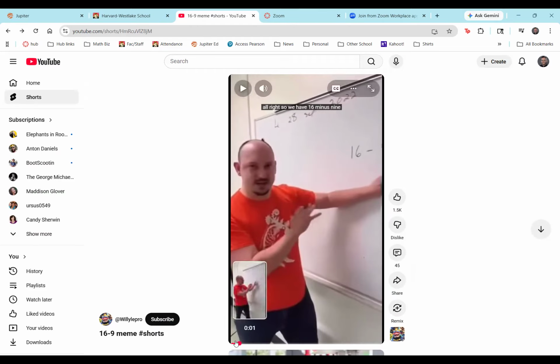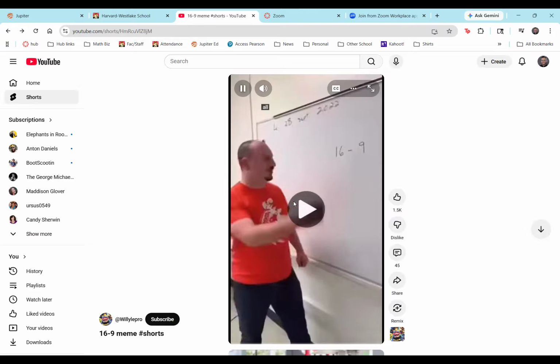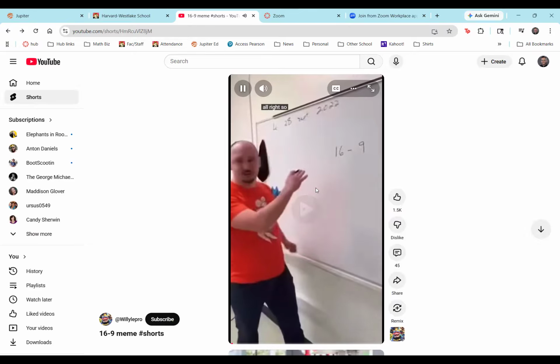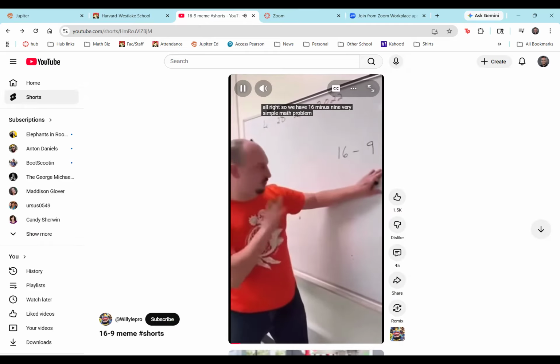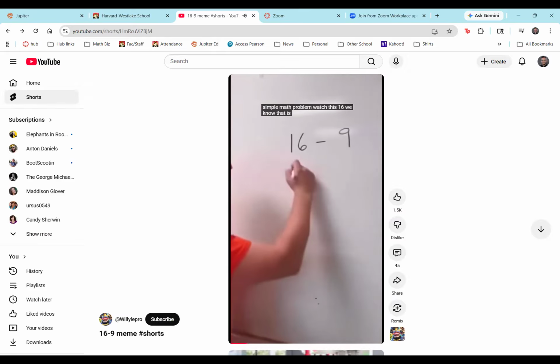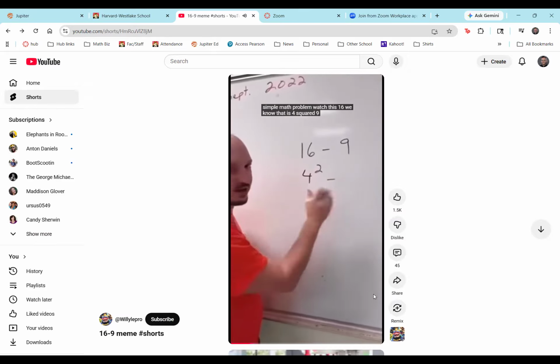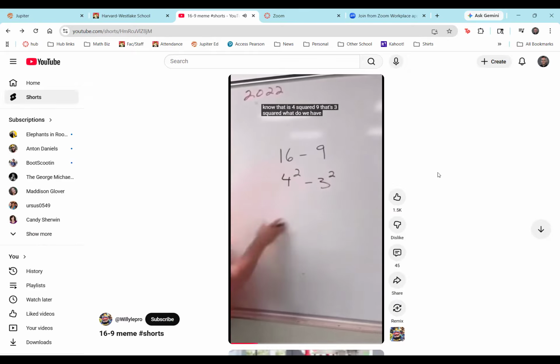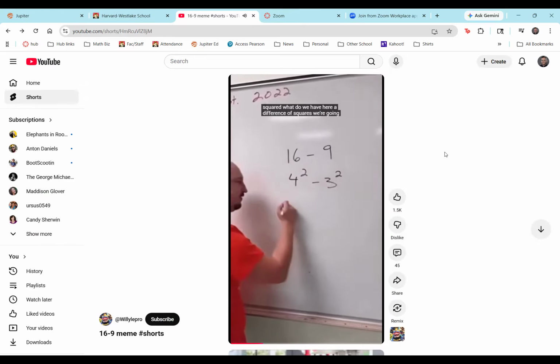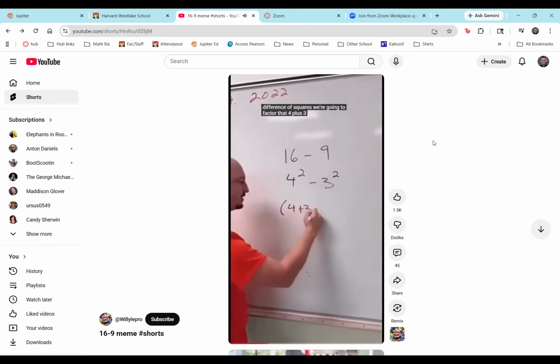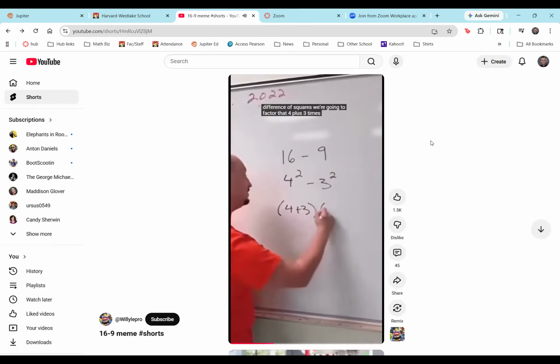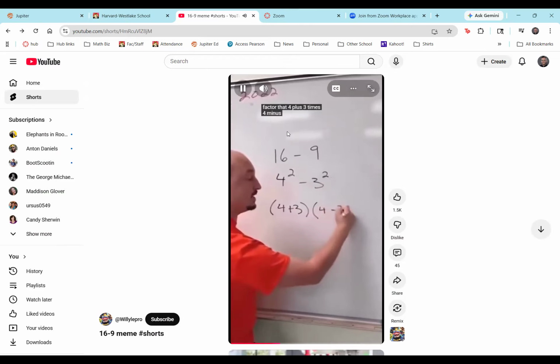All right, so we have. Okay. Here we go. So he's gonna help us with this problem. Like it'll be X squared, minus 9. Very simple math problem. Watch this. 16. We know that is 4 squared. 9. That's 3 squared. What do we have here? A difference of squares. We're gonna factor that. 4 plus 3 times 4 minus.